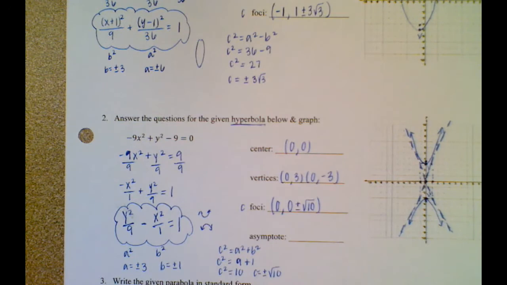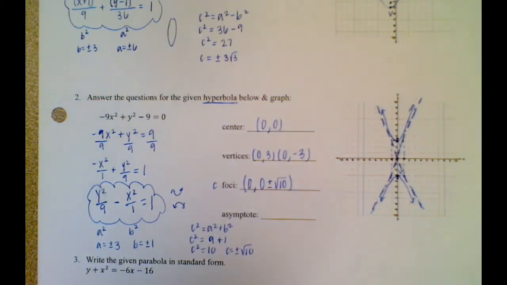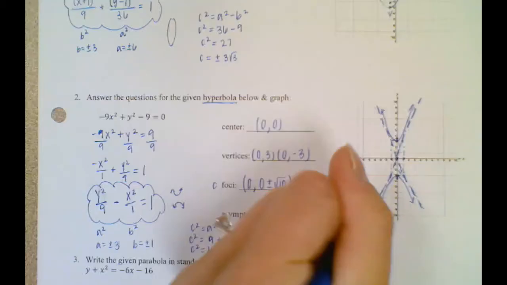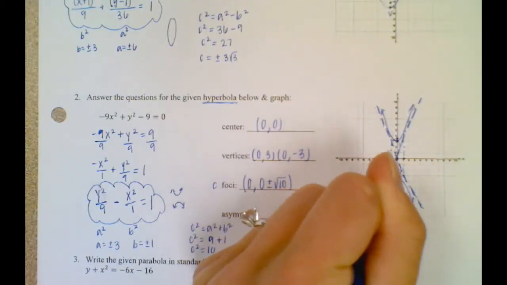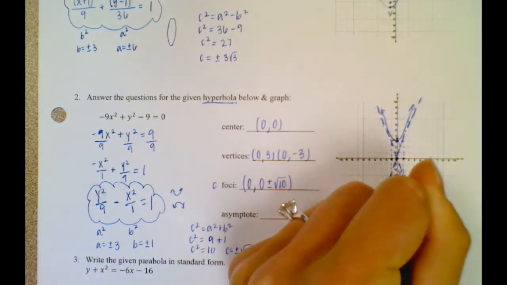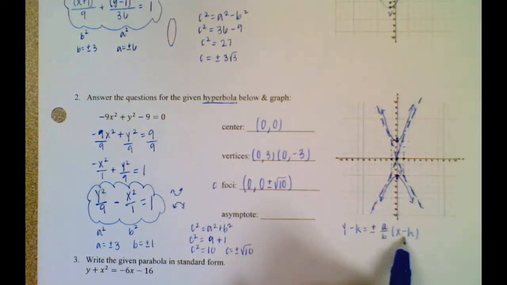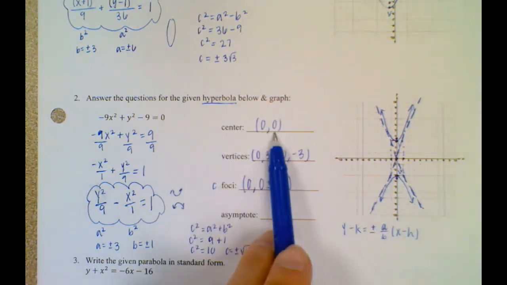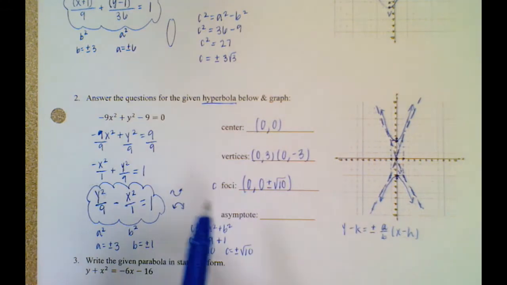Now remember, because our hyperbola is up and down, we're going to use the formula y minus k equals plus or minus a over b times x minus h. H always goes with x, k always goes with y. Well, h and k are both 0, so I don't have to worry about plugging in those values there.